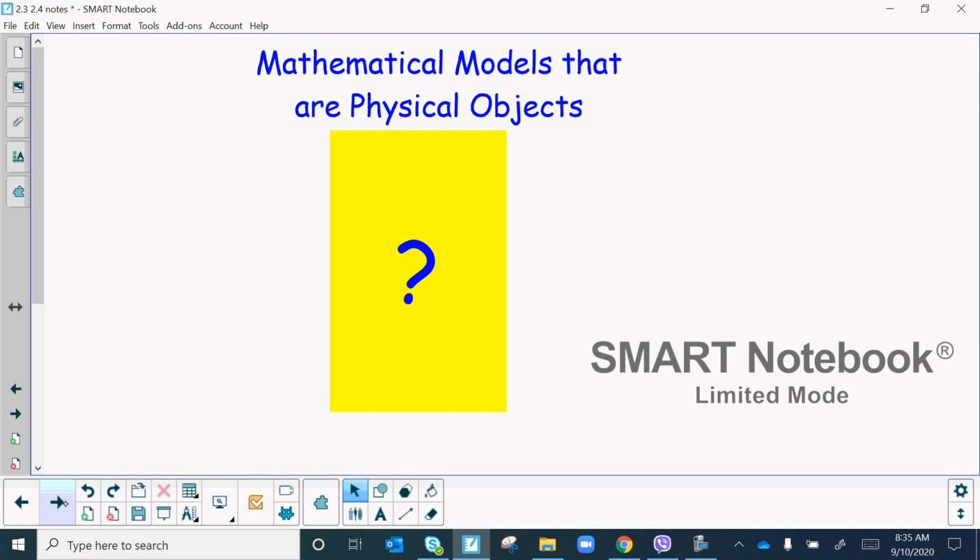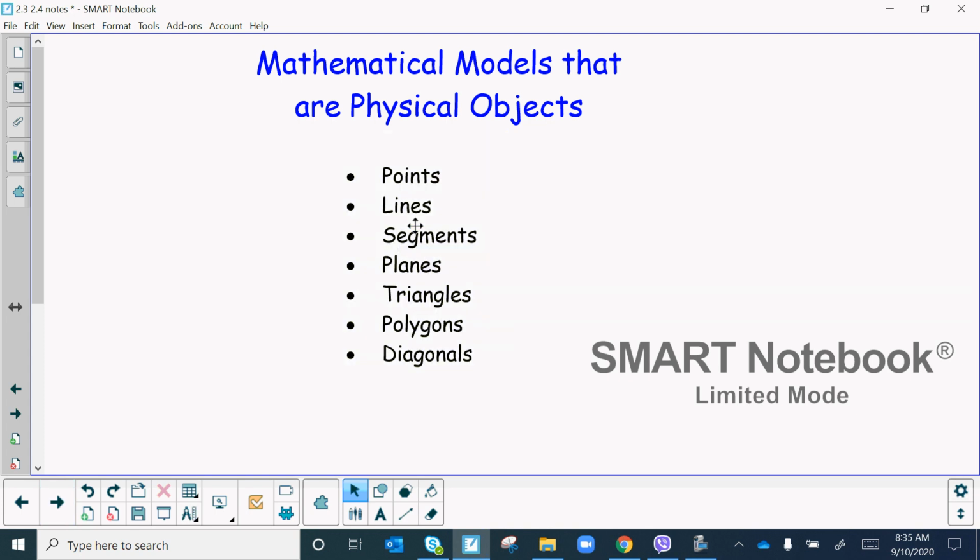Some actual physical objects that are mathematical models that we're definitely going to use could be like points, lines, segments, planes. All those terms we talked about in chapter 1 could be represented as physical objects that could be represented as mathematical models.